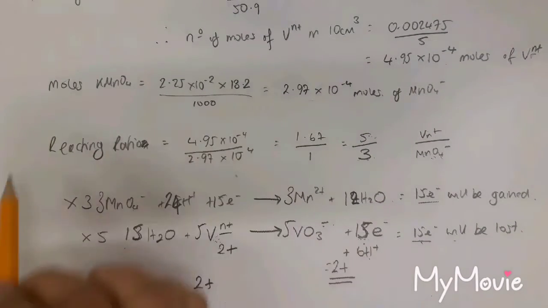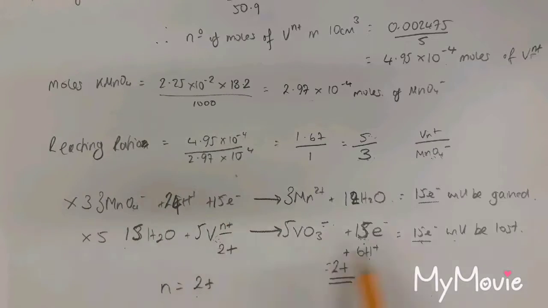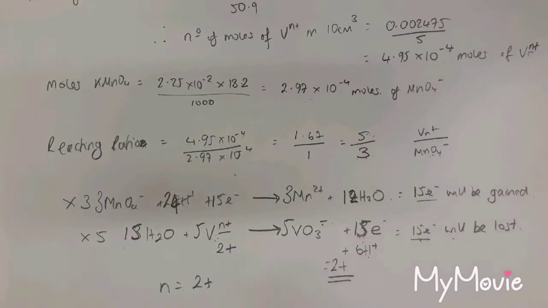So we write that out in full. Remember, when you combine two equations, you combine the left and the right and then cancel down anything that appears on both sides.